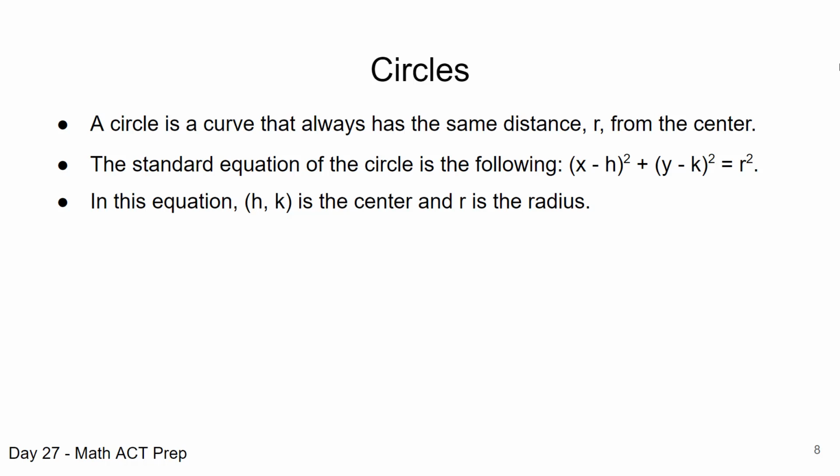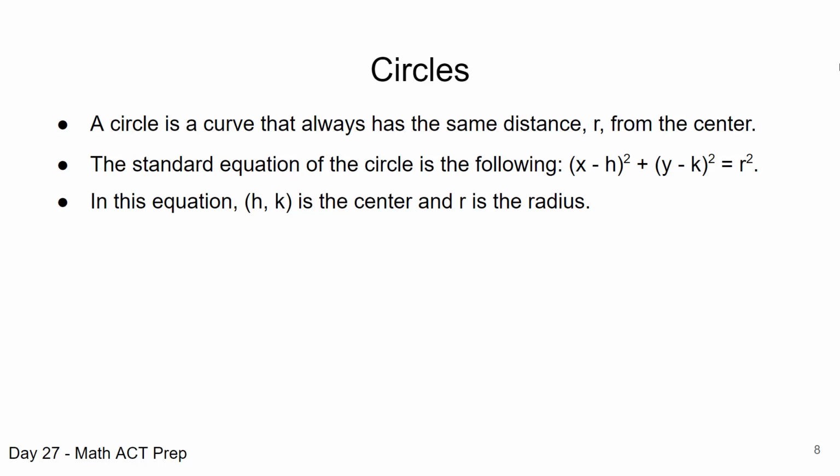If you'll notice in the equation for the circle, we have (x minus h) squared plus (y minus k) squared. So the minus signs are in between the two terms for h and k. It's almost like you have to look at the negative of that.